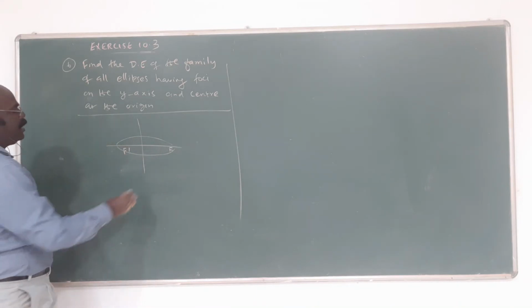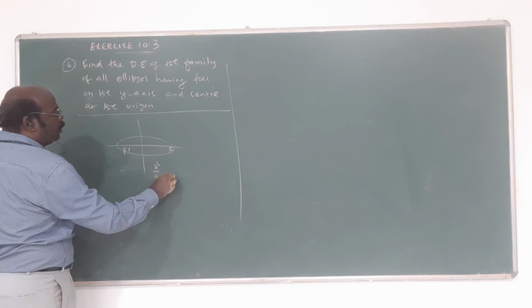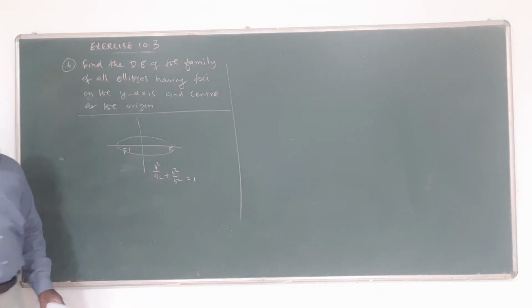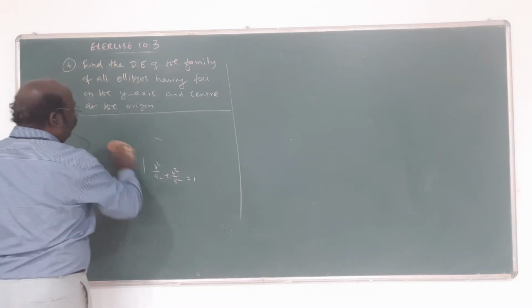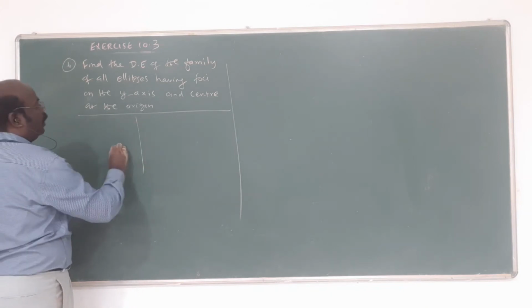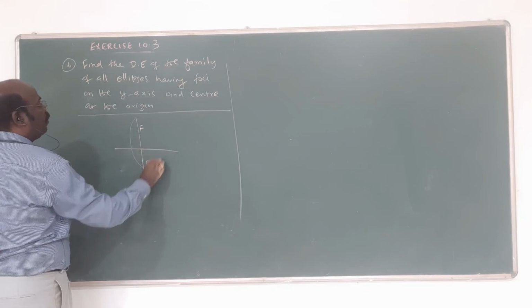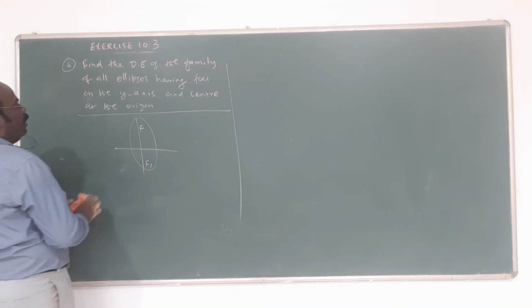The equation of the ellipse is x square by a square plus y square by b square. But the foci on the y-axis is given. Am I right? There are only focus 1 and focus 2. That means this type of ellipse. Am I right? What is given?